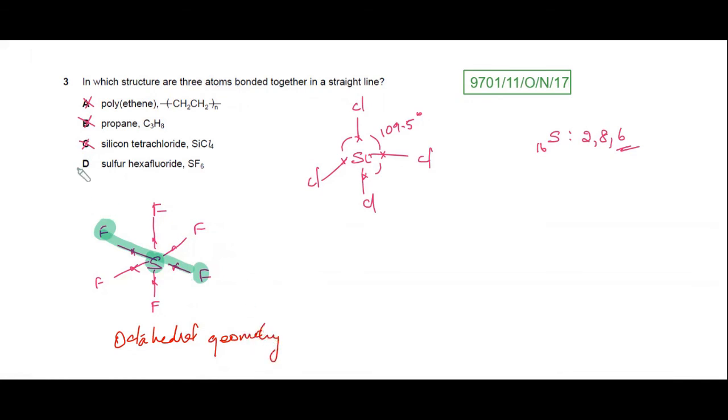So all other options are wrong, because in all other options, the central atom, carbon in the first 2 molecules and silicon in the third choice, all of them are having a tetrahedral arrangement of atoms around the central atom, whereas this is having an octahedral arrangement of atoms around the central atom. So this is the molecule which will be having 3 atoms connected in a straight line.